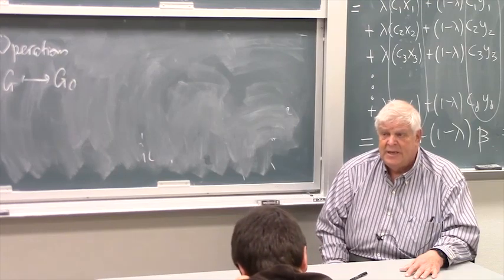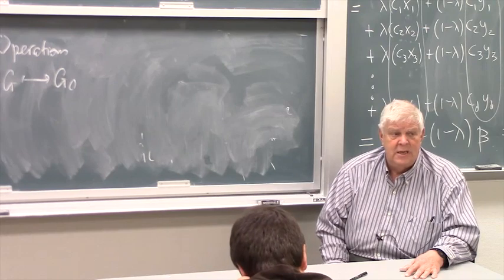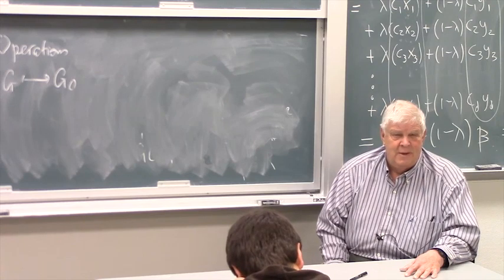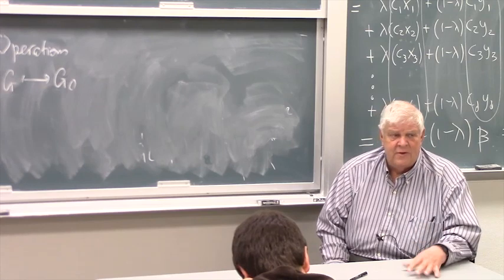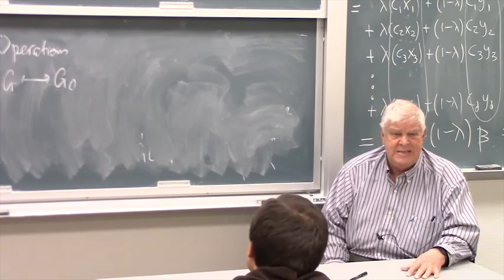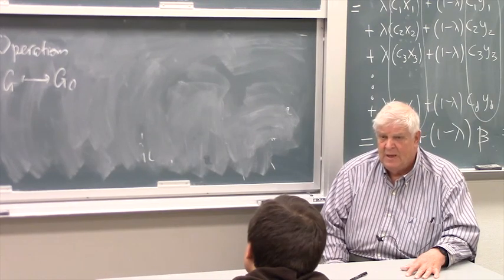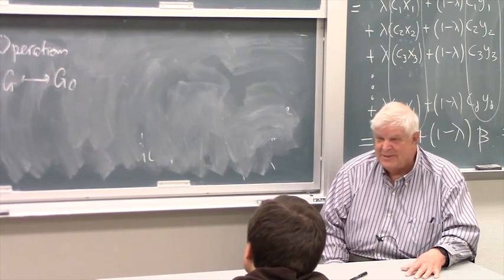And I say that it is a subgroup. Is it really so? My question is: if I have two elements in G0, in the component of the unity, can I be sure that their product also belongs to the component of unity?